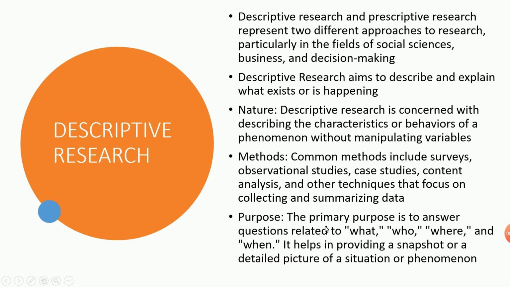The primary purpose is to answer questions related to what, who, where and when. It helps provide a snapshot or a detailed picture of a situation or phenomenon. It is done through surveys, observation studies, case studies and so on. So this is descriptive research.